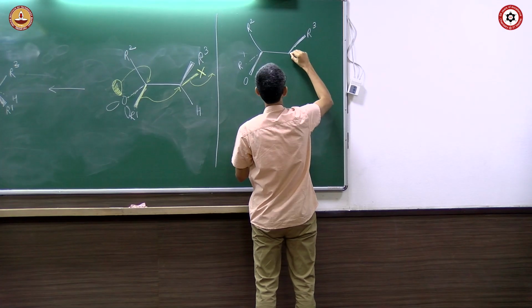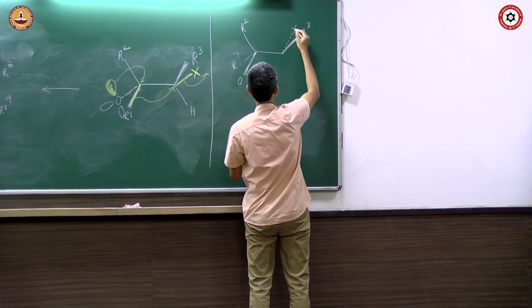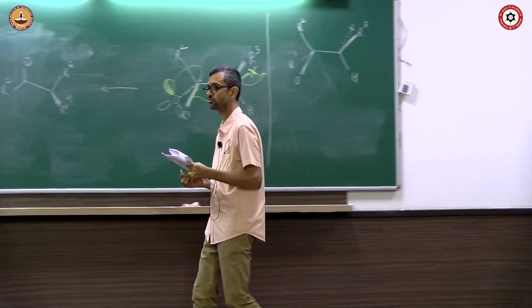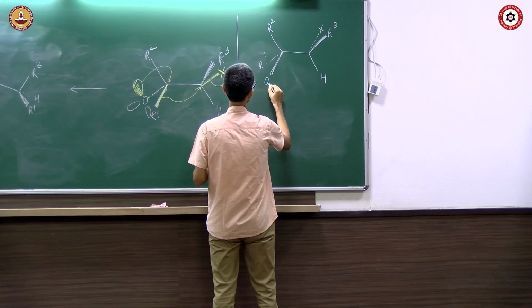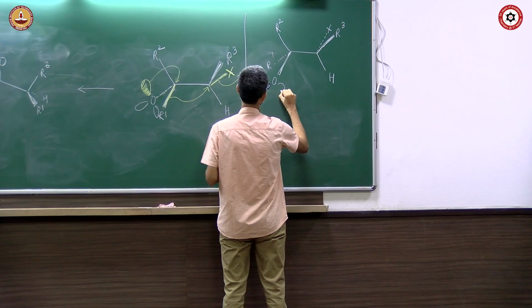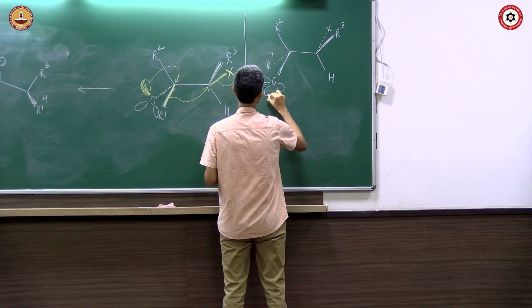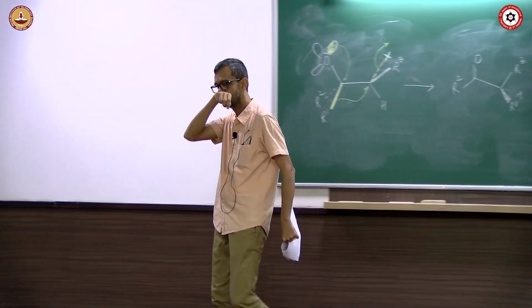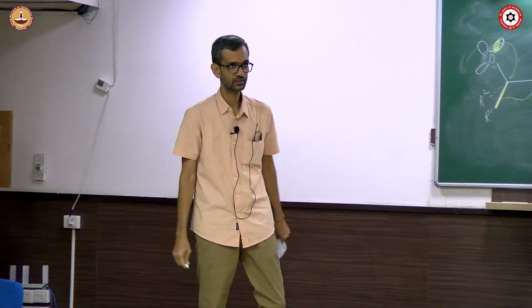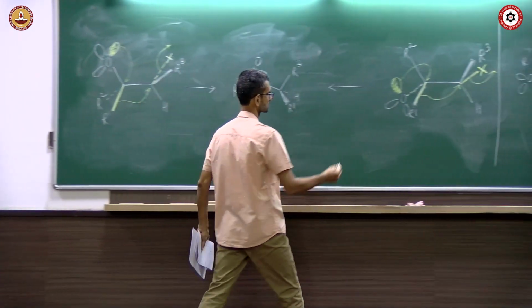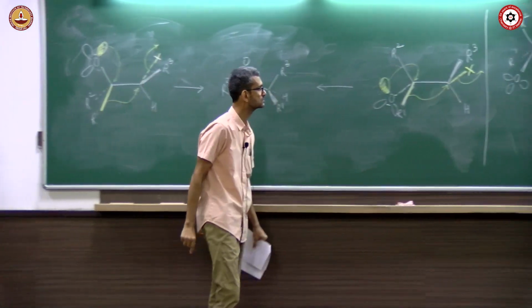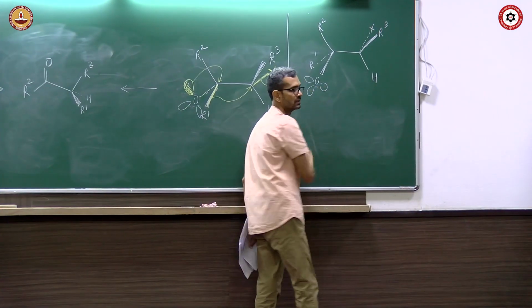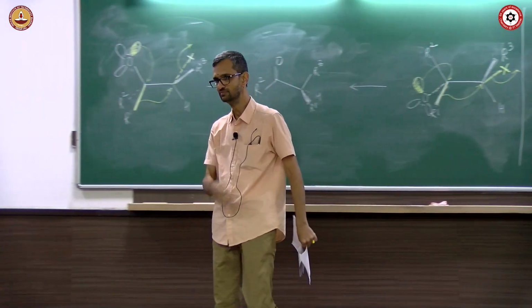R3, X. If we keep this O anti-periplanar to the, then what can happen? Oops, sorry. Here. We are done with this.